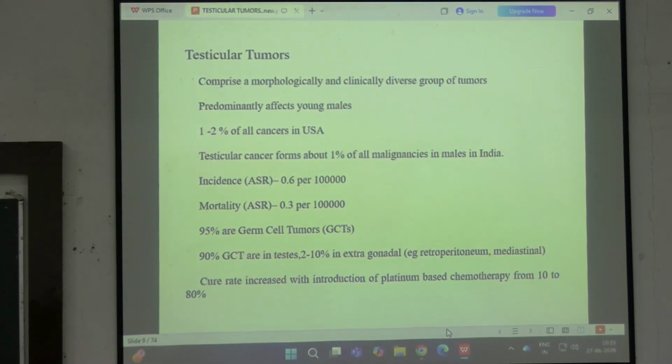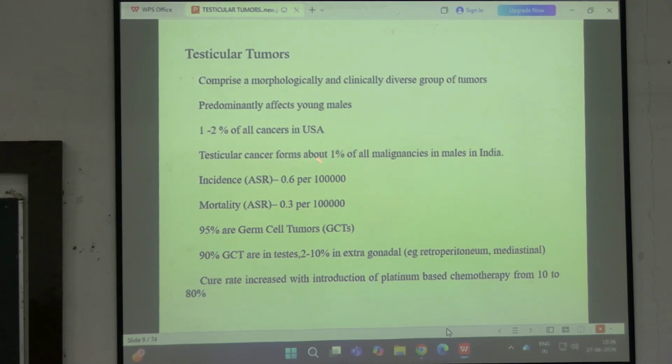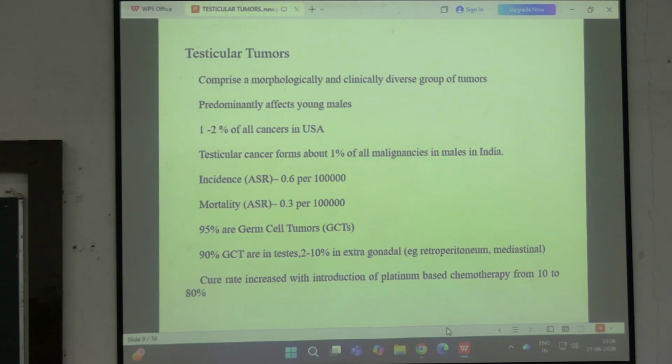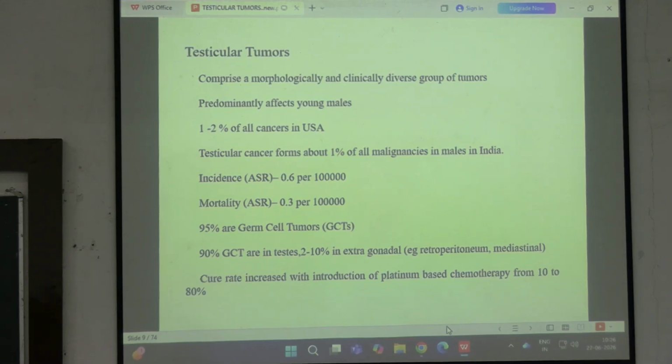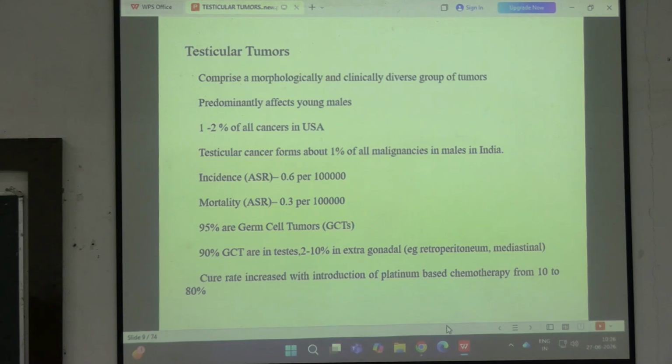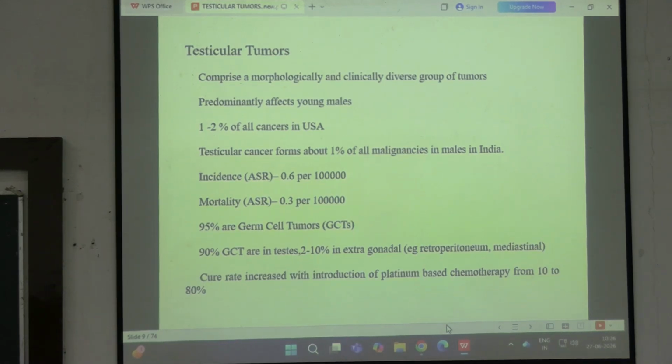Okay, now coming to testicular tumors proper. Of course, it is a diverse group of tumors because they have different origins depending on the cells of origin, right? It affects young males, 15 to 45 years of age. A few happen in the elderly also, and there are again some rarer ones which are predominant in the pediatric age group.